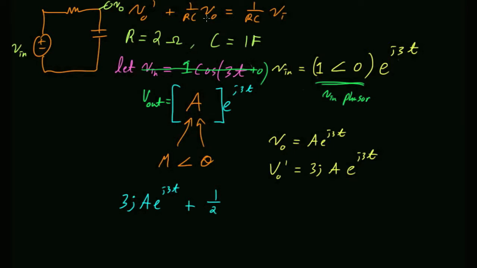So plus a half V out, where V out is A e to the j3t, equals a half times my input, which is 1 angle 0, just 1, e to the j3t.